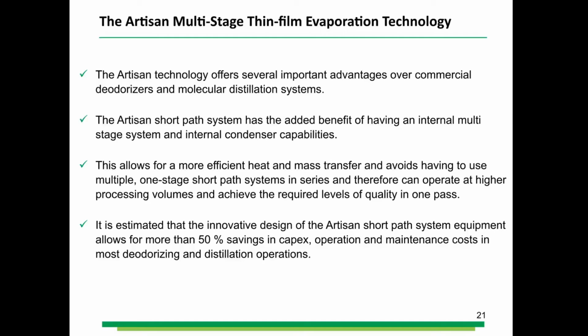Compared with molecular distillation systems, the Artisan multi-stage evaporator has the added advantage that it has no internal moving parts, and also it is a true multi-stage evaporation system. And the Artisan evaporator has the added advantage of having an internal condenser that allows us to recover the condensate as a product through the internal condensation system.